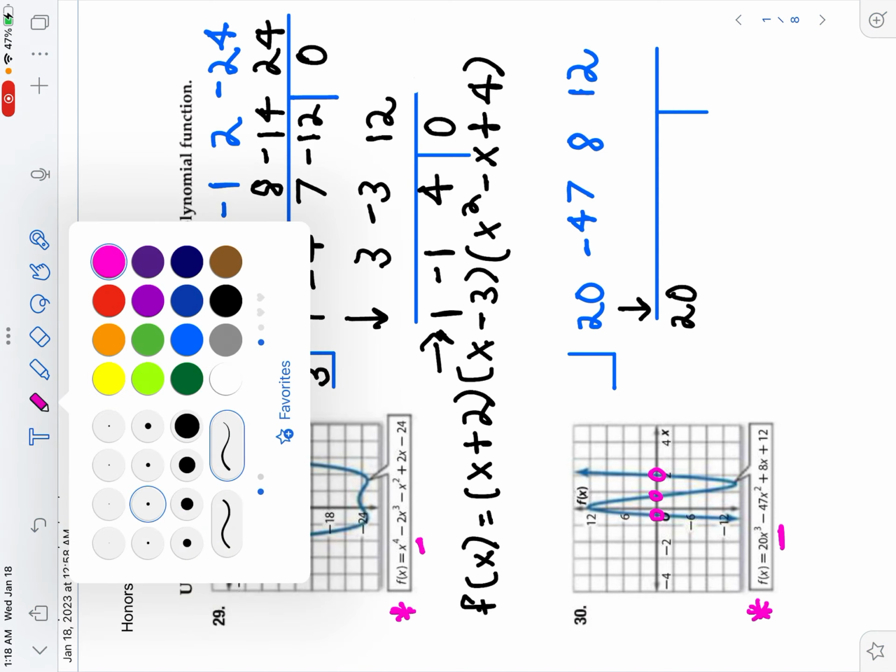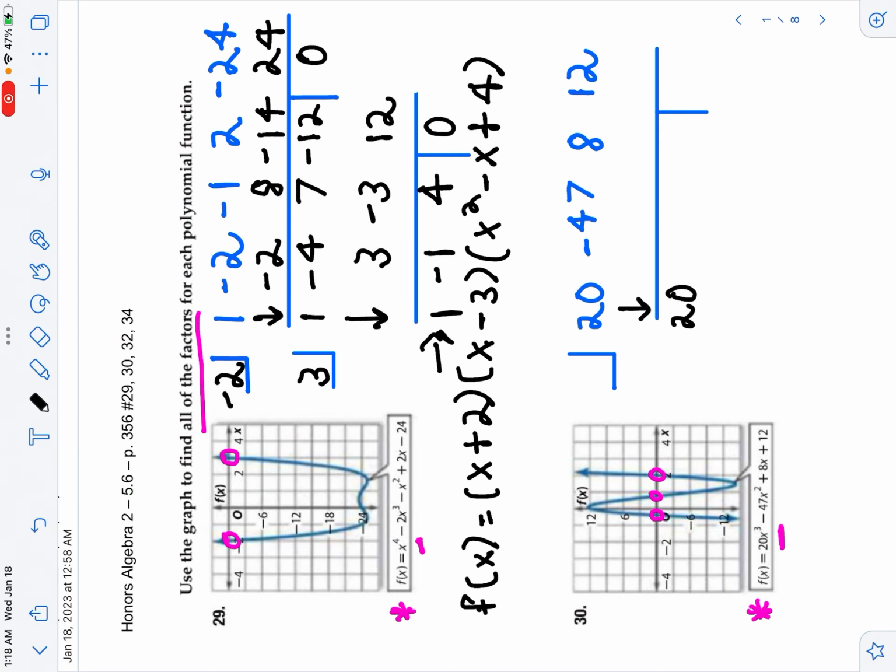So what makes the most sense, since I don't know the exact values of the zeros that are between -1 and 0 and 0 and +1, is to use the integer value of +2. So 2 times 20 is 40. When I add -7, that gives me -14. When I add -6, the product negative 12, the remainder is 0. Again, I fully expected that.